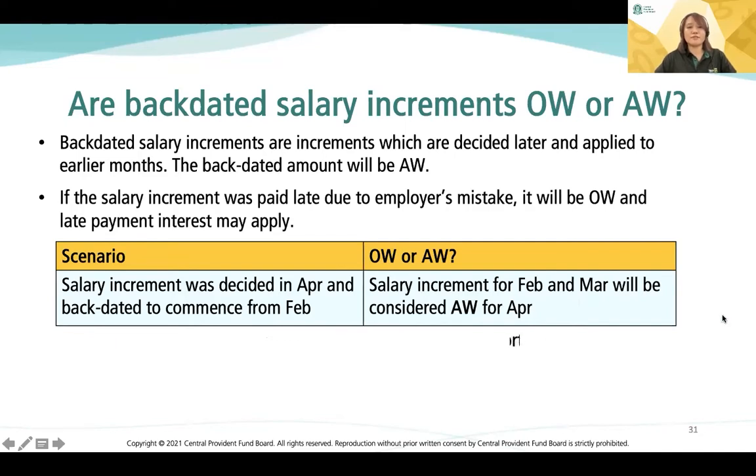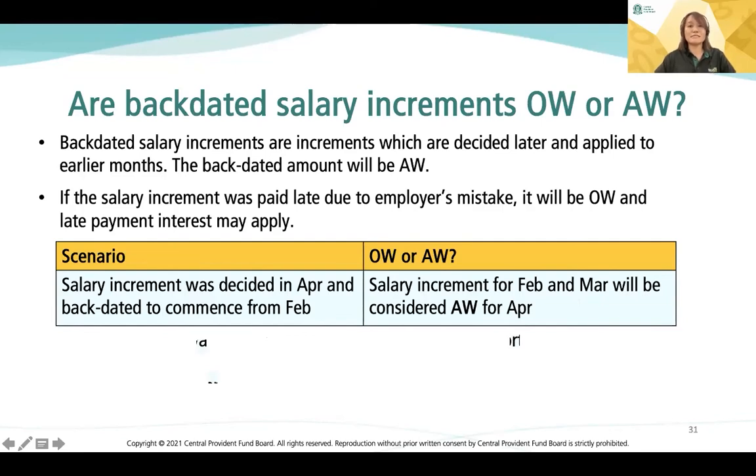In another scenario, the salary increment actually started in February, but for some reason you forgot to adjust accordingly, so you didn't pay the CPF contribution according to the adjusted salary for February and March.